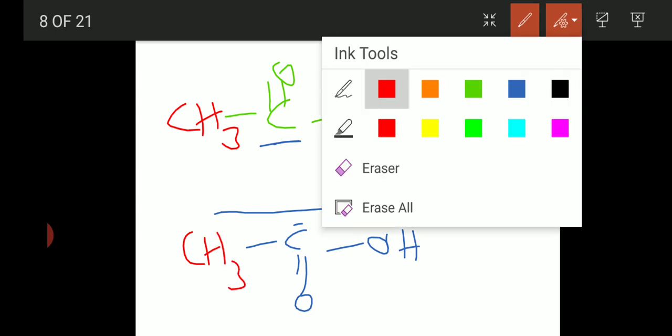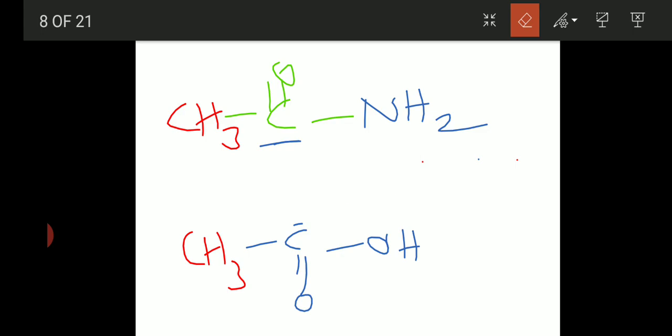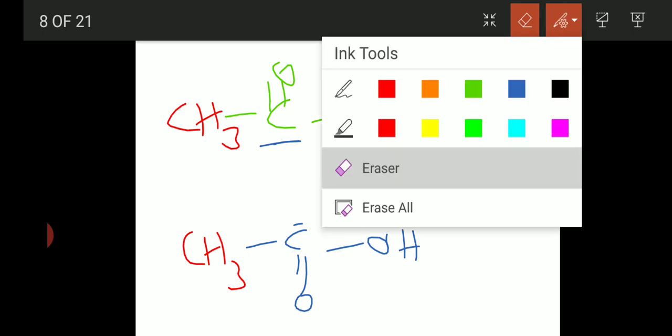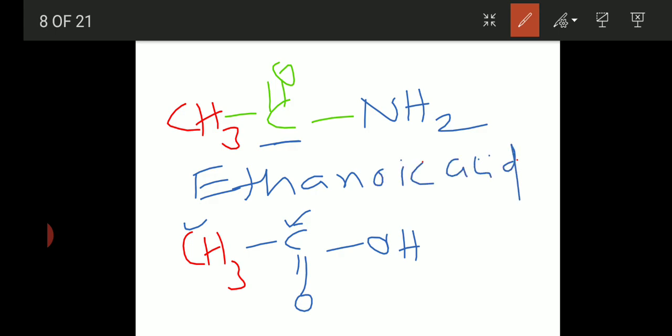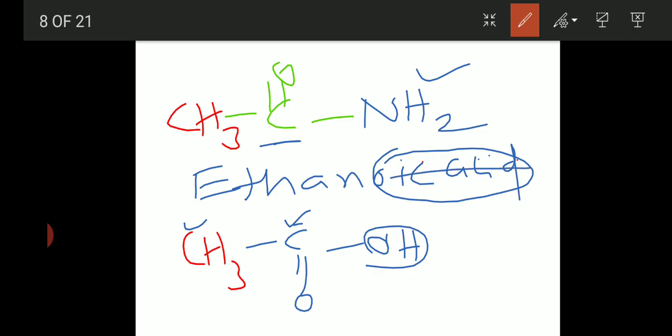CH3COOH, which has 2 carbons, so its name is ethanoic acid. In place of OH, NH2 is substituted. So in place of oic acid, what do we have to write? Amide. Then it becomes ethanamide. Like this, the IUPAC names of amides can be derived.